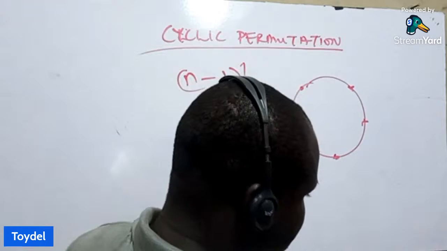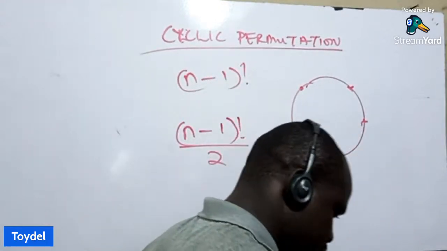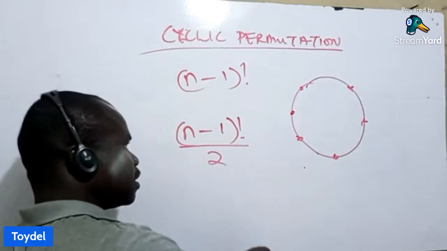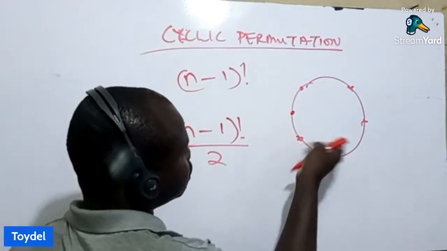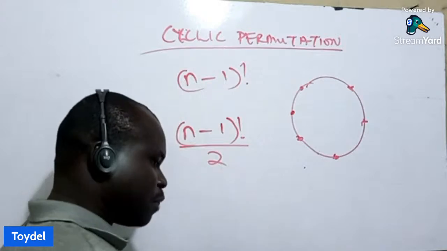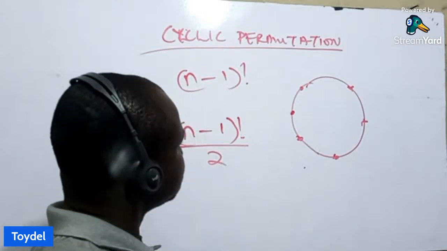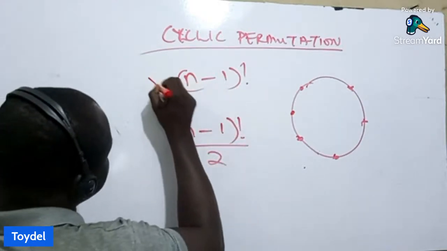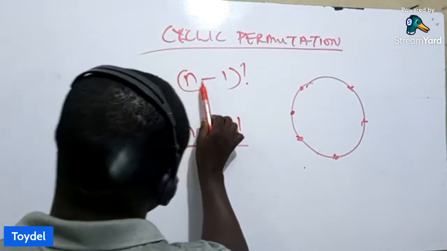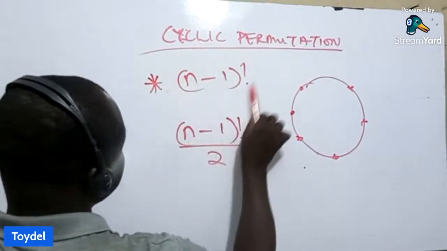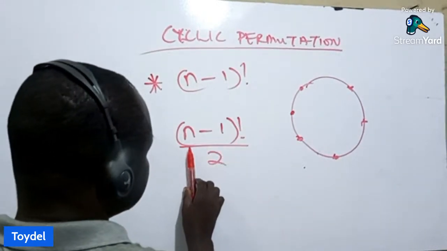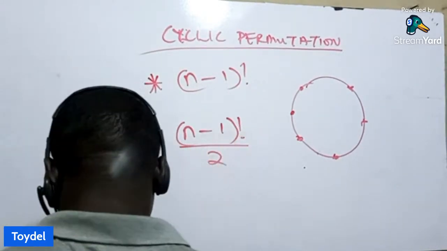For instance, with that bead, I can do the arrangement on this surface, then I can turn it over to also do the arrangement the other way around. But a human being cannot be turned upside down. So arrangement of living things in a circular way will be n minus 1 factorial. But if it's an inanimate object that is not a living thing, then we are going to divide it by 2.